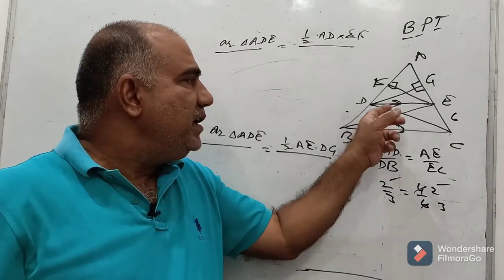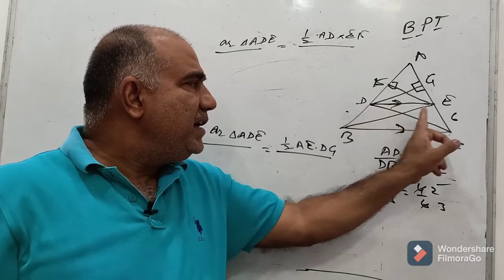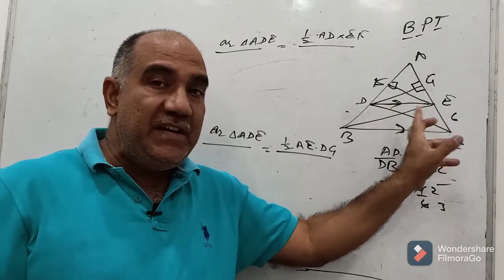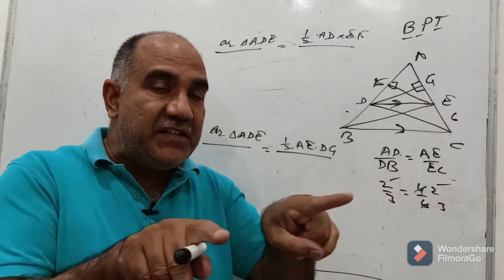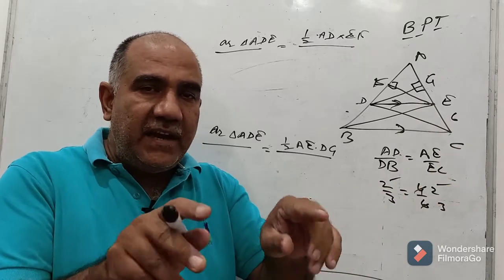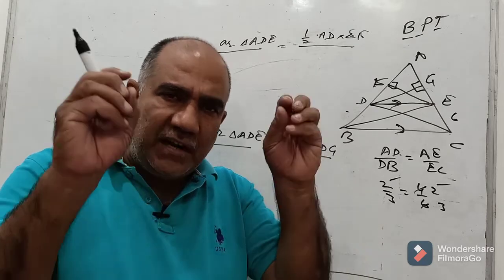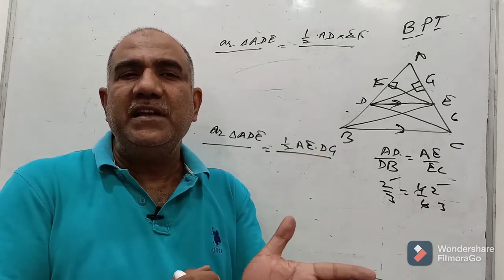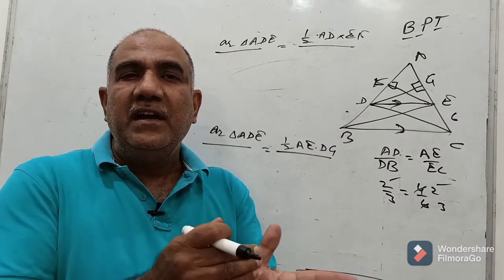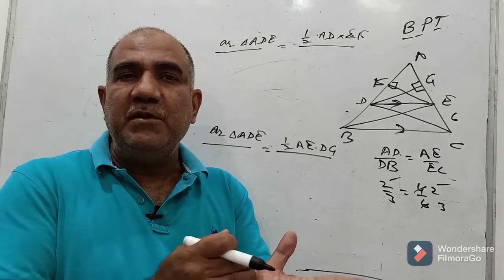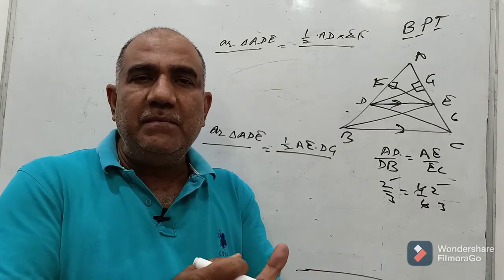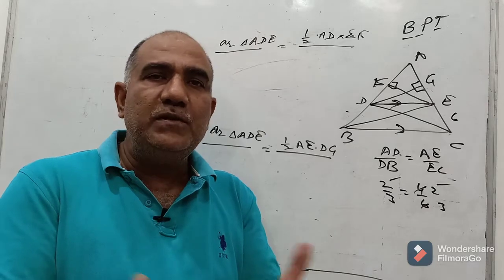So undoubtedly the height of triangle BED and the height of triangle CED will be the same, because they are situated between the same parallel lines and the base is the same. So the area of these two triangles is undoubtedly going to be the same, because area is half into base into height. Half is a numerical value which is the same in both cases, and the base is the same and the height is also the same.